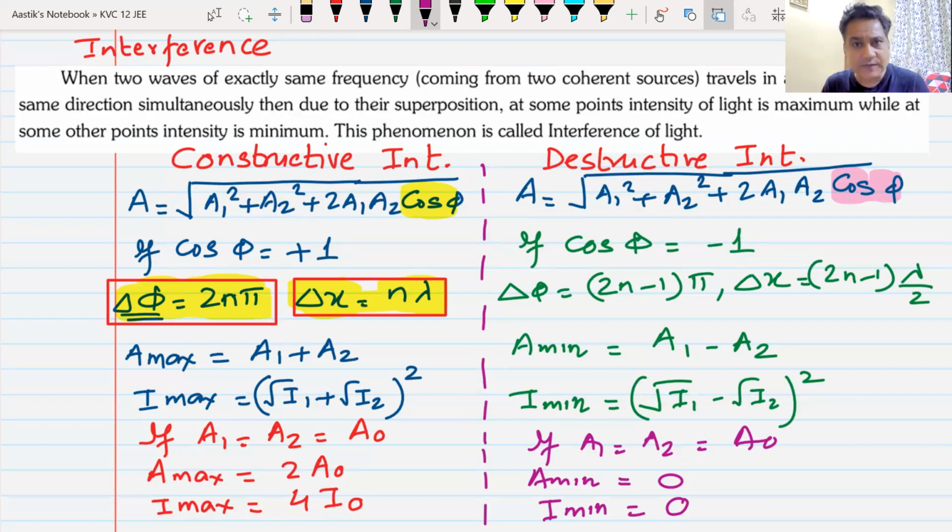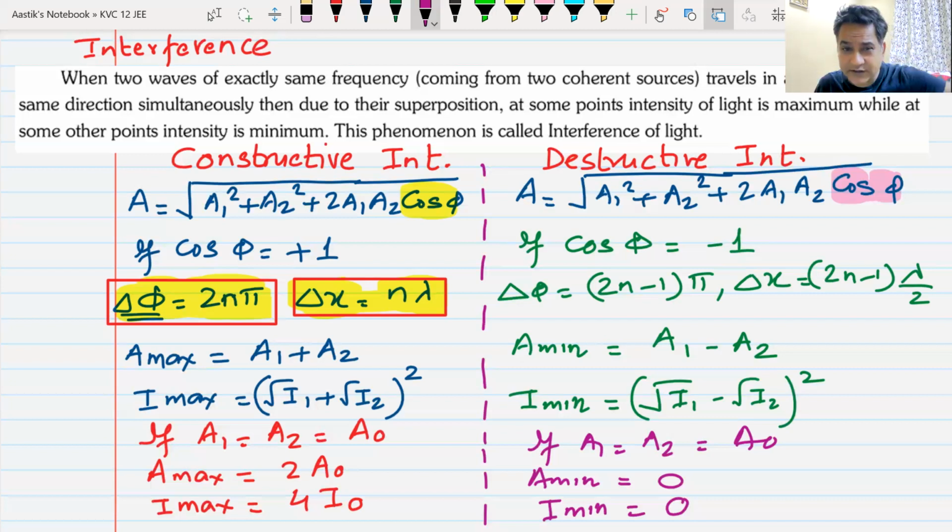Wherever you have destructive interference, it will be completely dark. If I talk in terms of brightness, it will be completely dark. And wherever you have constructive interference, it will be bright as sunlight. That type of interference is what we are looking at. Very sharp interference, we call it.